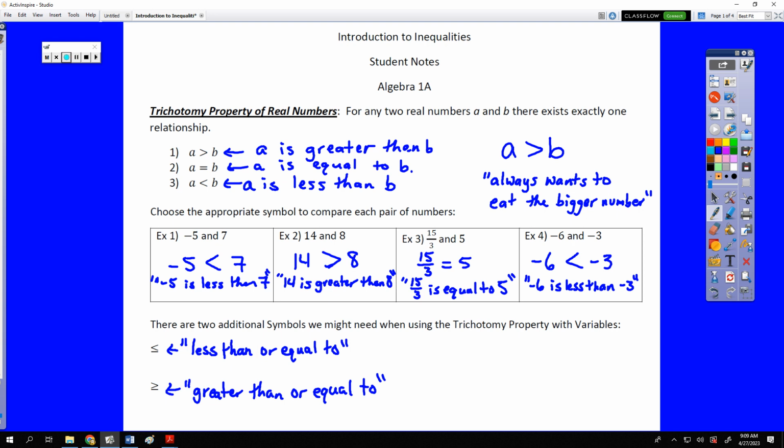Greater than or equal to, less than or equal to, and less than. Okay? So we have a total of 4 new symbols, and by new, they really shouldn't be brand new. They should be new for this class, but not for the first time that you've ever seen them. Greater than, less than, greater than or equal to, less than or equal to. Okay?